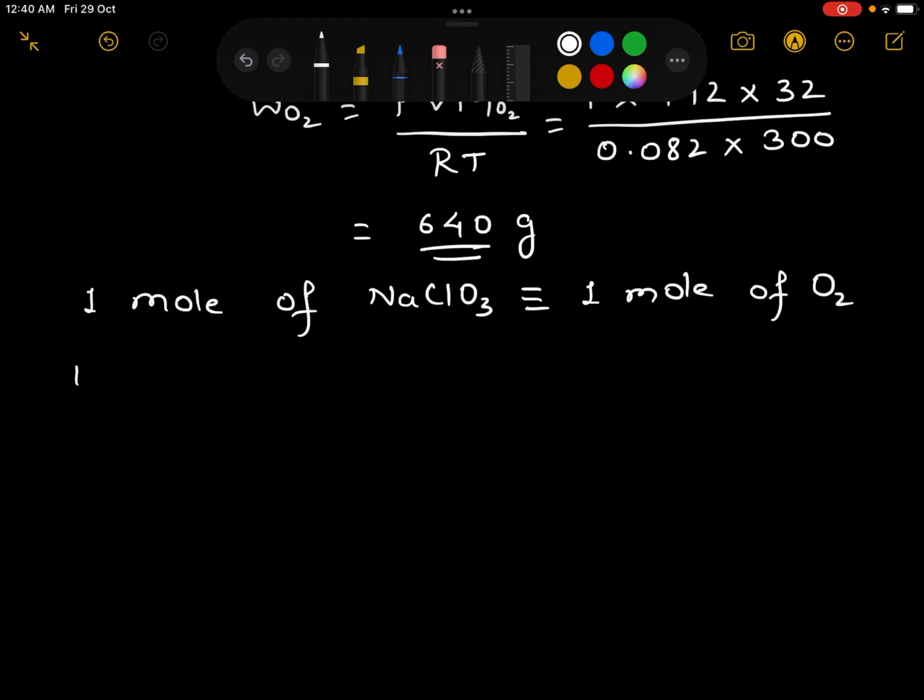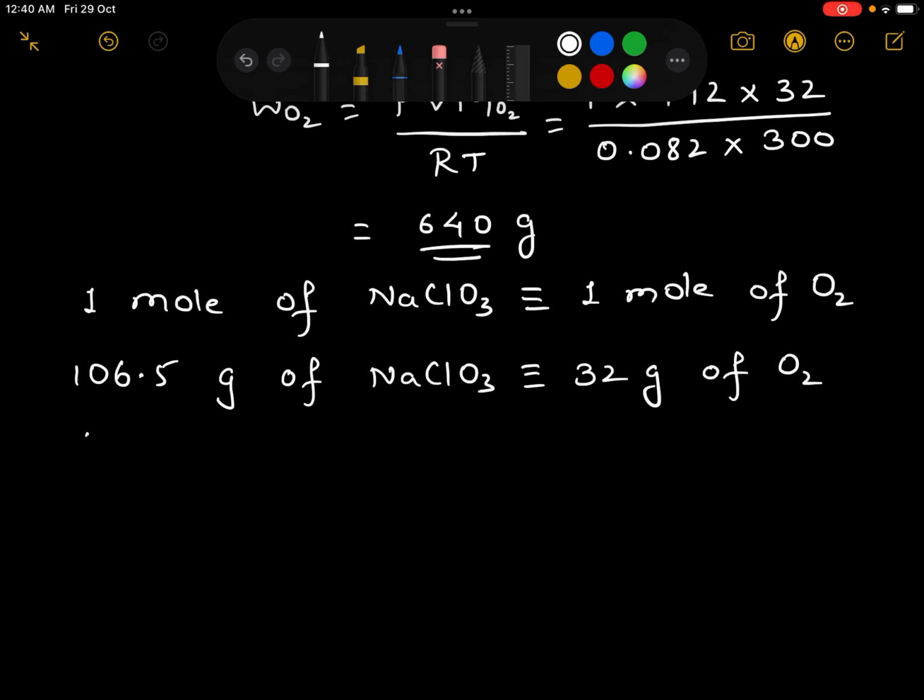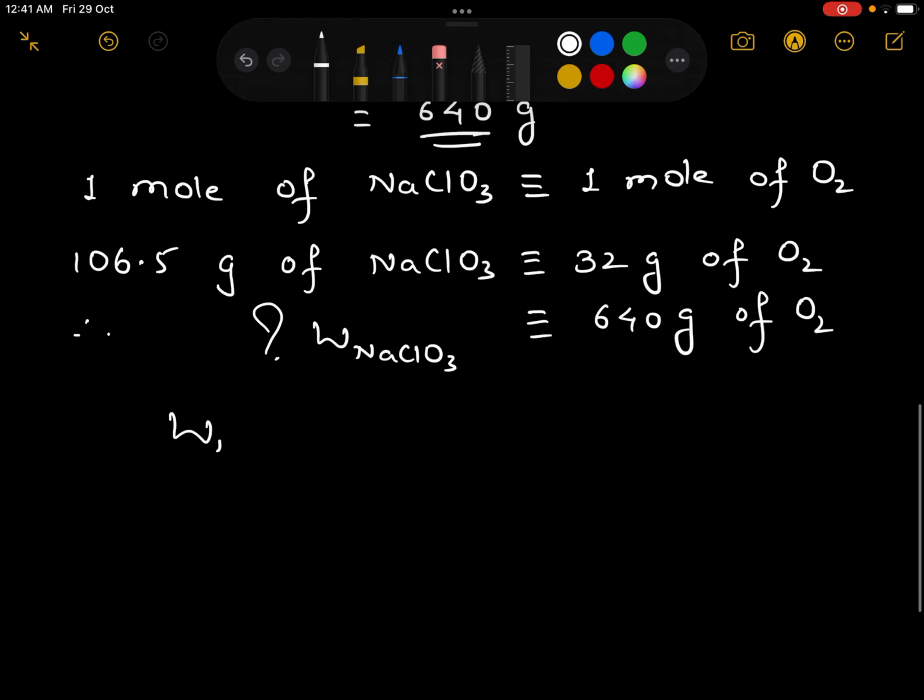Therefore, we can also write the relationship between the standard mass, that's molar mass: 106.5 grams of NaClO3 corresponds to 32 grams of oxygen. Therefore, 640 grams of oxygen, which we have found over here, corresponds to question mark. So like this we can get the mass of sodium chlorate.